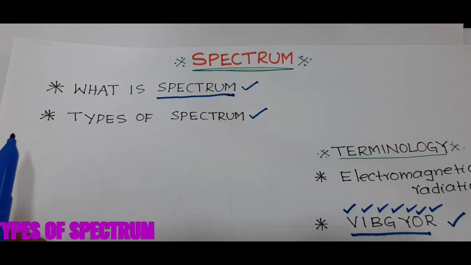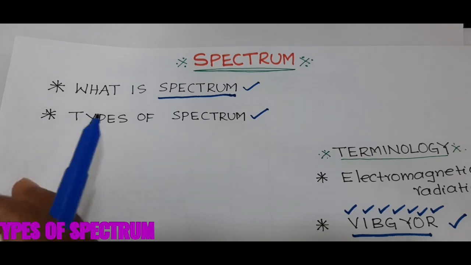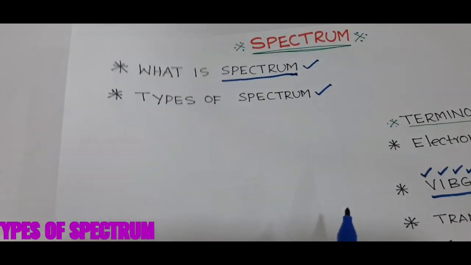With the help of suitable devices, arrangement of all these radiations on a photographic plate, either in the increasing order of their wavelength or decreasing order of wavelength, is called spectrum. I will explain in detail by taking a photograph.